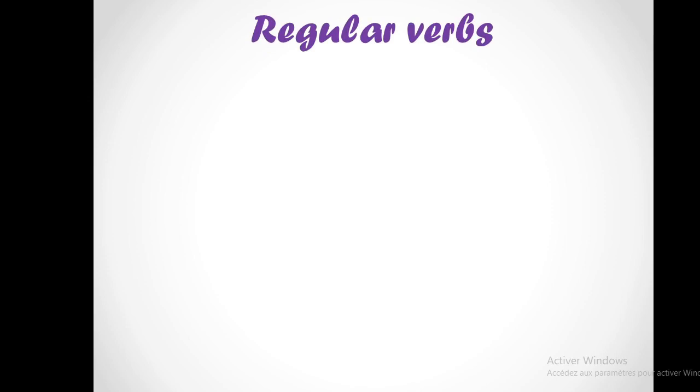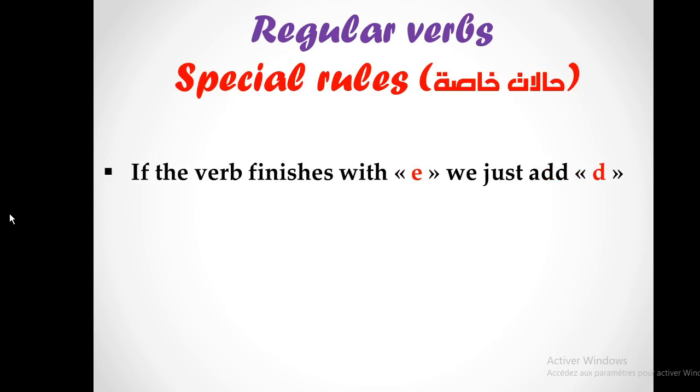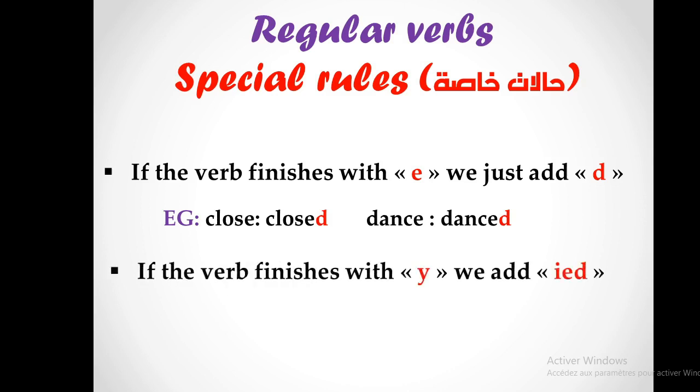Regular verbs. We have some special rules, like if the verb finishes with E, we just add D. Example: close, closed, dance, danced. If the verb finishes with Y, we change it to IED. Example: study, studied, try, tried.